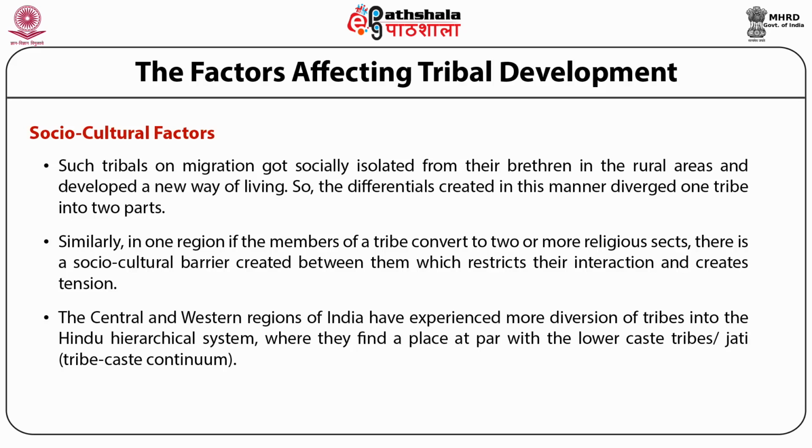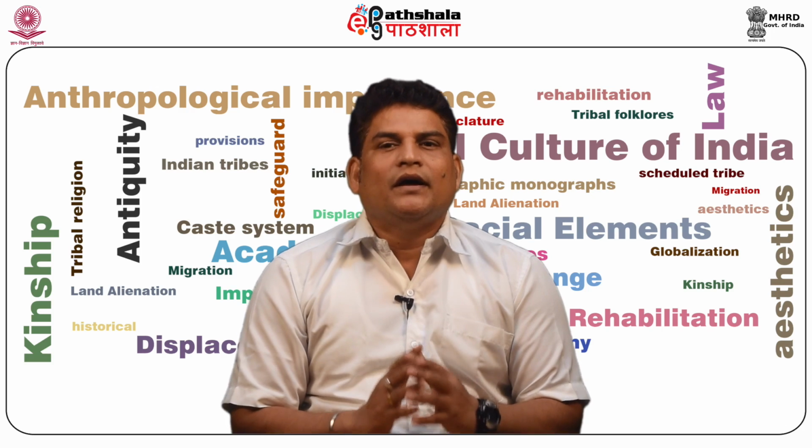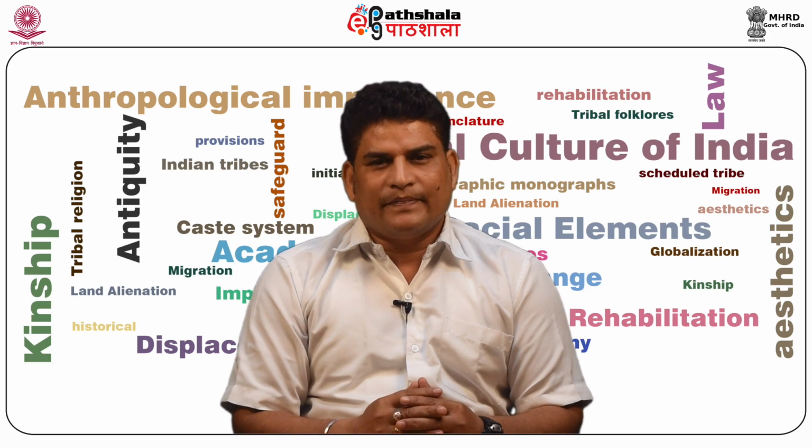Whereas the northeastern region, because of its rugged terrain, allowed enough isolation to its tribes to develop into comparatively distinct communities in terms of culture, beliefs, and customs. The introduction of other religions like Islam, Christianity, and Jainism into their secluded zones brought important changes in their structure.